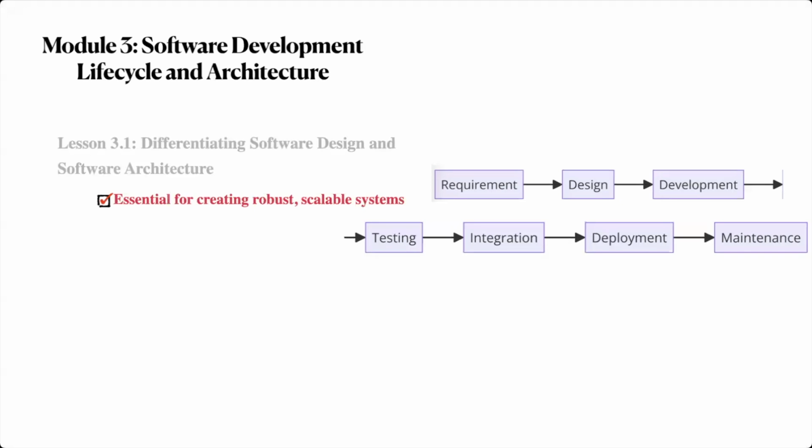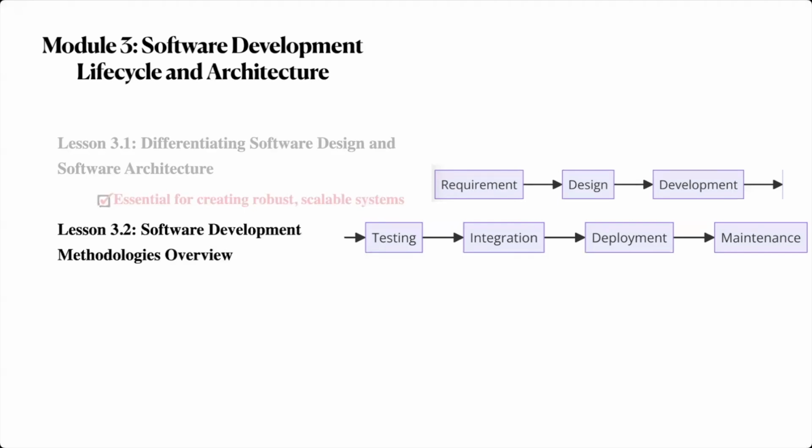Software architecture and software designs are often confused but serve distinct purposes in software development. Understanding their differences is essential for creating robust, scalable systems. Lesson 2 in this module is about software development methodologies.